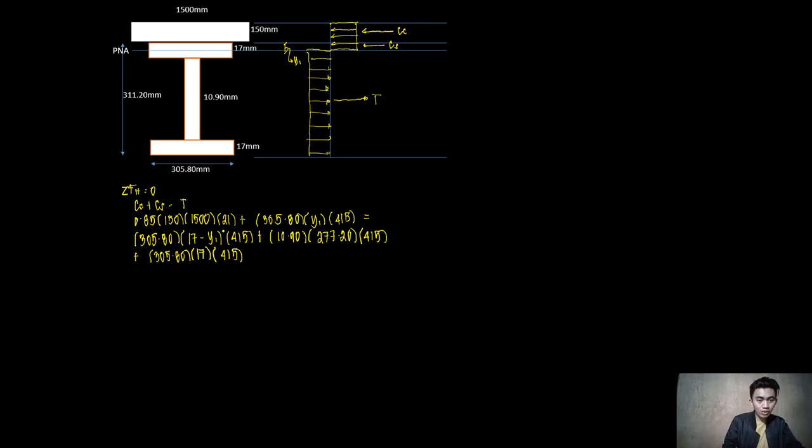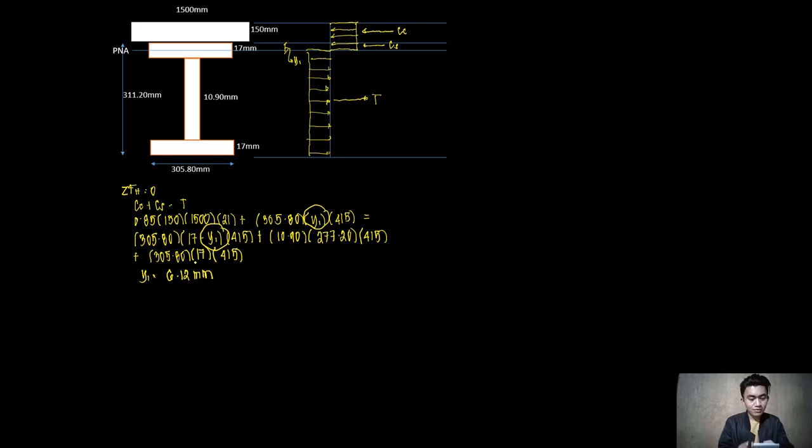We have one unknown, which is y sub 1, there and here. Therefore, the value for y sub 1 is, input that on your calculators, 6.12 mm. Now let us check if it is correct.